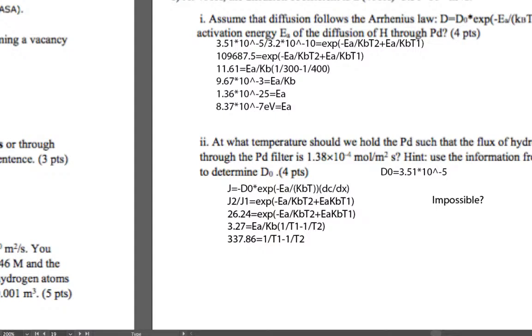Oh wait, I'm not finished here. So this term here, that's the EA over KB. You divide by 400, and then you take the negative of the answer.